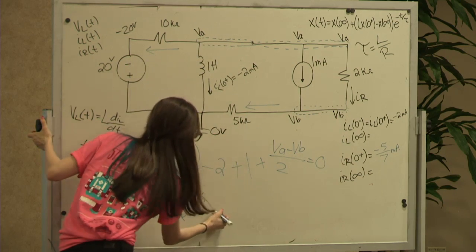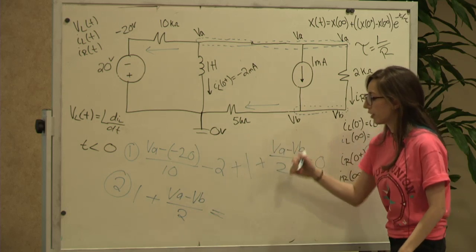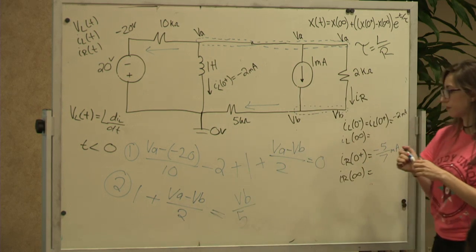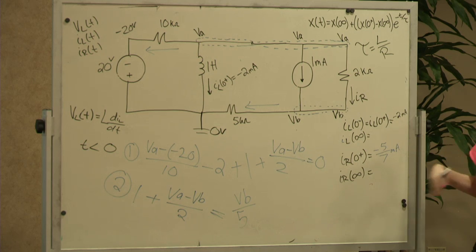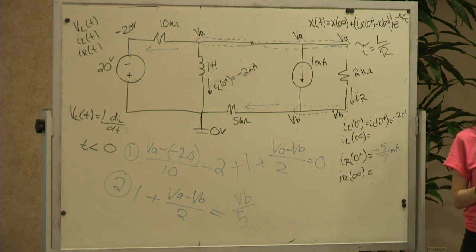And now this one's going out, and this is just VB minus 0 over 5. So VB over 5. We don't have to solve it through, but essentially now you have 2 equations, 2 unknowns, set up the matrix, you get the same answer.